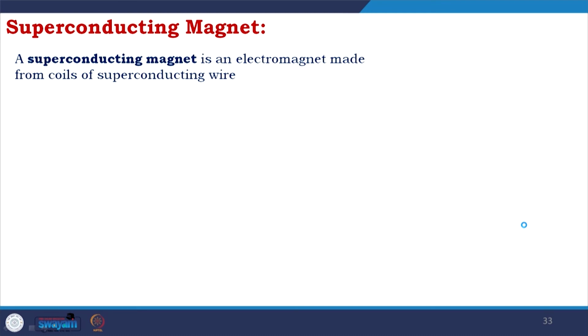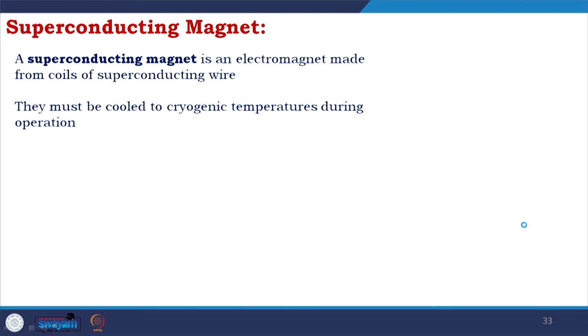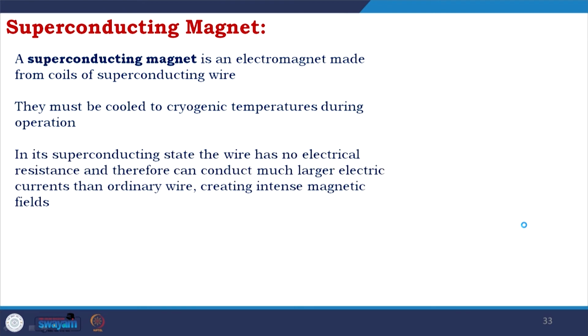So, we are talking about superconducting magnets. What are superconducting magnets? Superconducting magnets are electromagnets made from coils of superconducting wire. They must be cooled to cryogenic temperatures during operation.